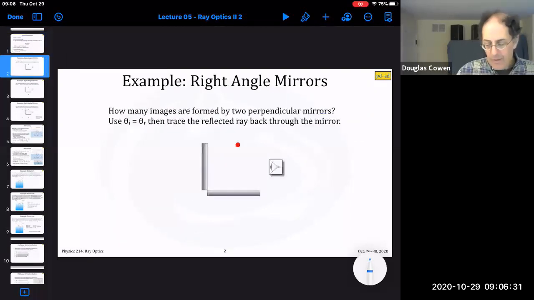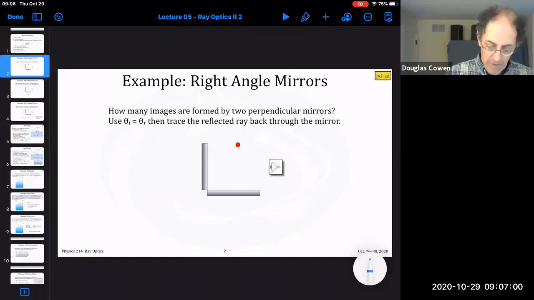So last time we were talking about plane mirrors, and I want to do an example using 2 right angle mirrors here. The example involves figuring out how many images are formed by 2 perpendicular mirrors, using that the angle of incidence is equal to the angle of reflection for light rays bouncing off a plane mirror.